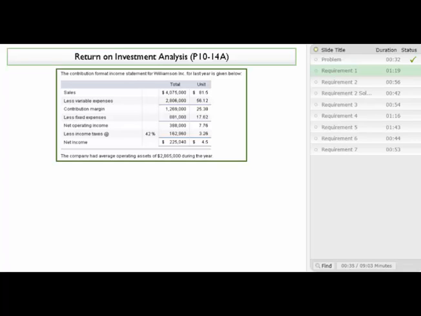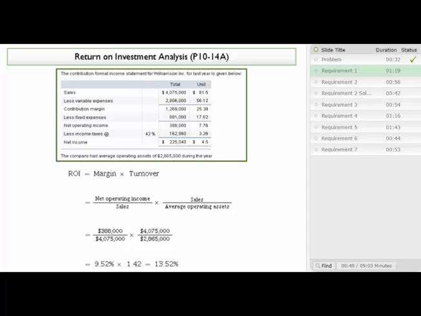Okay, now to solve requirement 1, where we're going to compute ROI using margin and turnover, I've shrunk the information given so that we have a chance to see how we solve this as well. Alright, ROI is calculated by taking margin times turnover, and margin is equal to net operating income divided by sales.